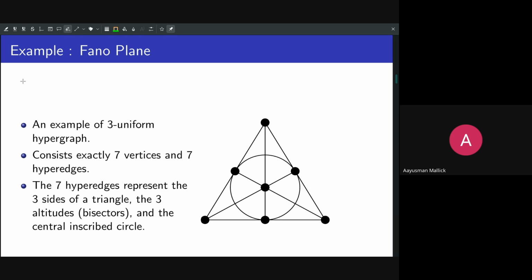Then we get 7 vertices: three from the vertices of the triangle, three from the contact points of the incircle and triangle, and one from the center.